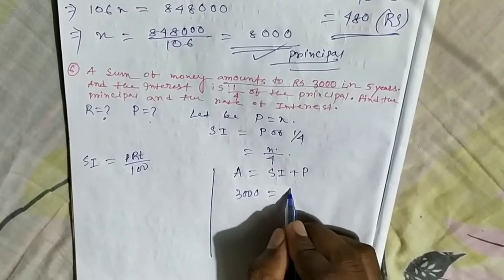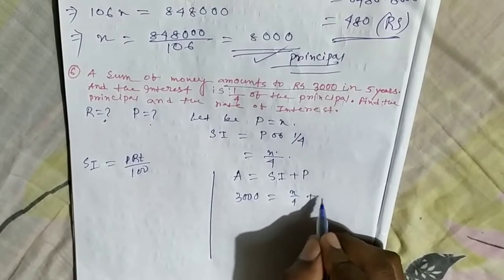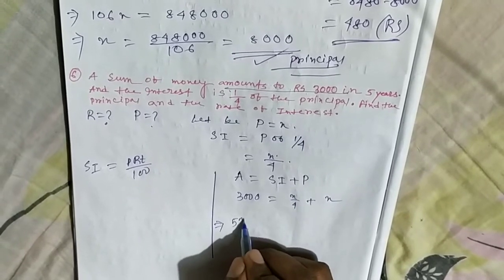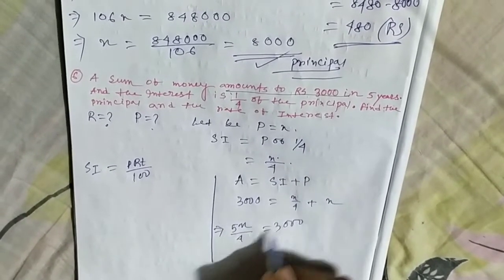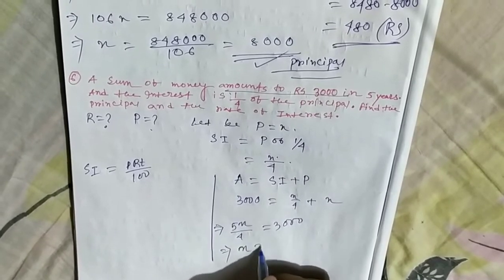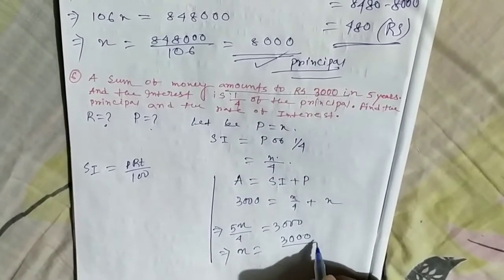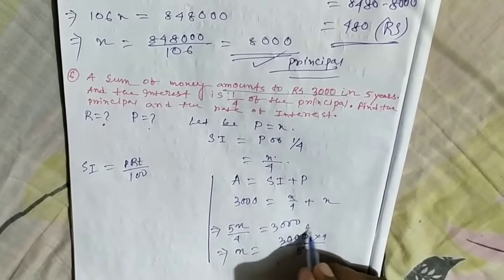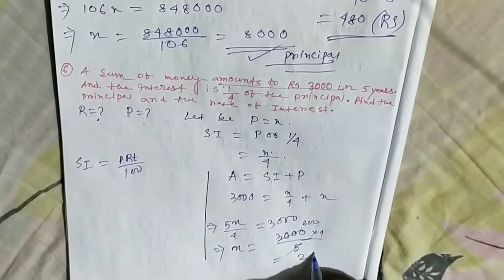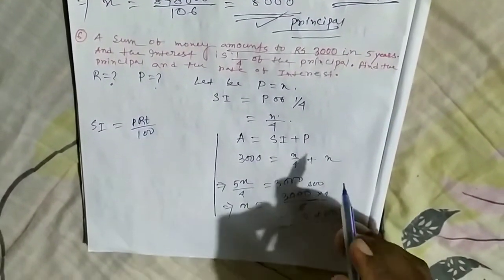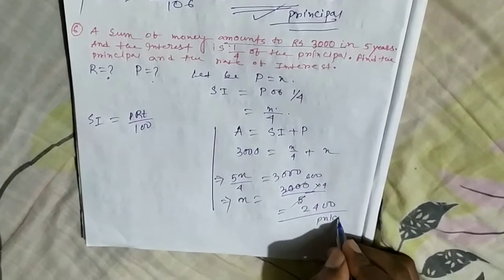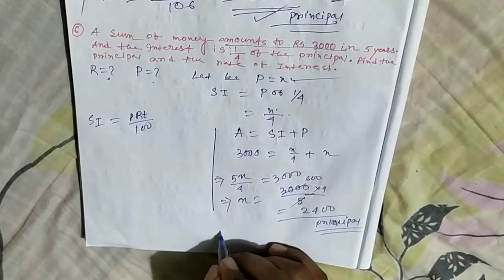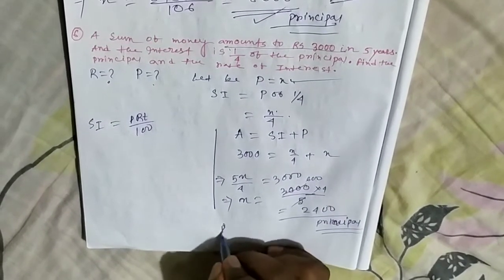SI is equal to X by 4, sorry, P is equal to X. Therefore 5x by 4 is equal to 300. X is equal to... this is the principal X.